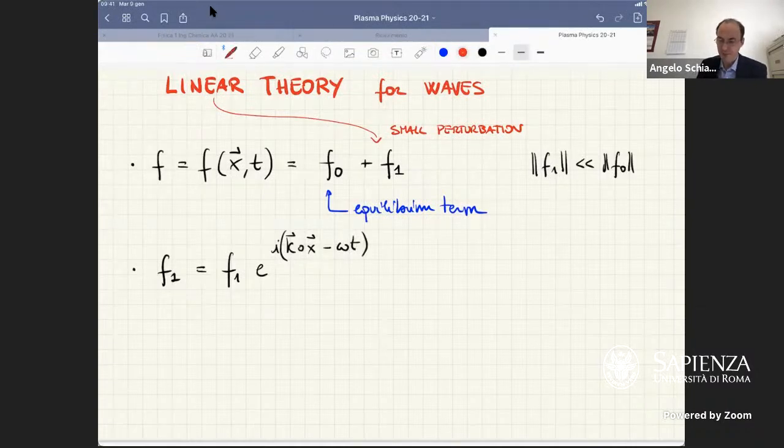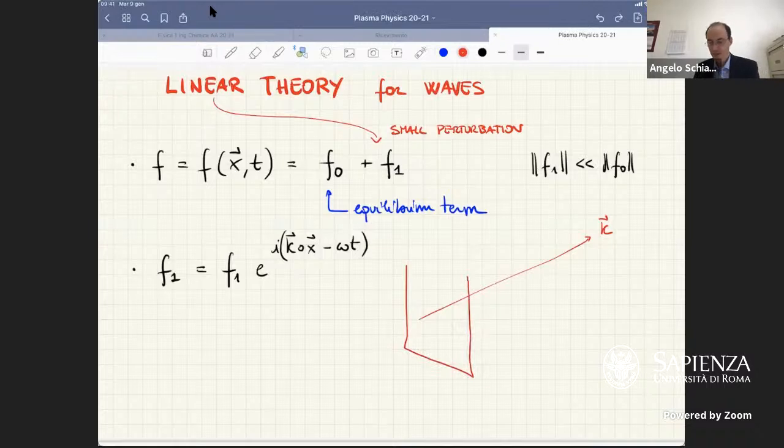So this term here is representing a plane wave. What is the k vector? The k vector is the direction along which the wave is propagating. So for instance, let's take a direction like that and call it the k direction. And let's take some planes like that. Okay, so these are planes of constant phase, we'll see.